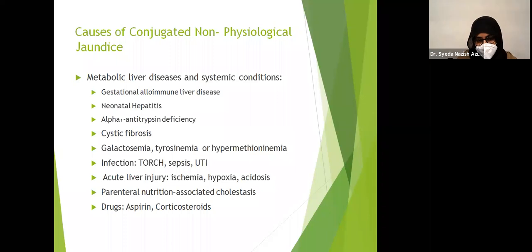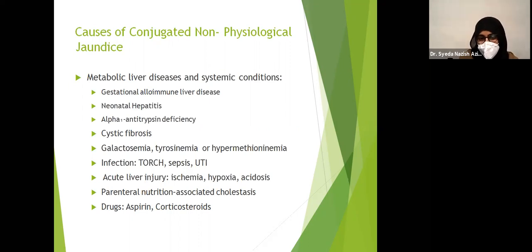Alpha-1 antitrypsin deficiency can cause direct jaundice. Cystic fibrosis, by disrupting the biliary tract intrahepatically, can cause conjugated jaundice. Some inborn errors of metabolism, like galactosemia, an inborn error of carbohydrate metabolism, hyperammonemia, an inborn error of ammonia metabolism, and tyrosinemia, an inborn error of amino acid metabolism, can cause direct jaundice.